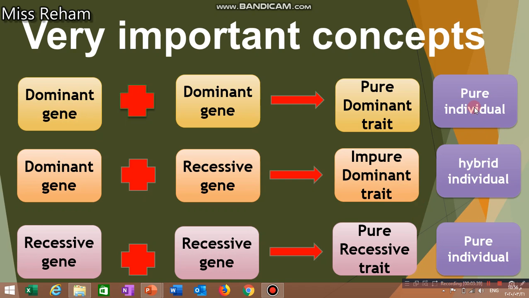Pure individual is the individual that carries similar pair of genes, either they are dominant genes or recessive genes, and the traits that appear on the individual now are pure dominant traits or pure recessive traits.